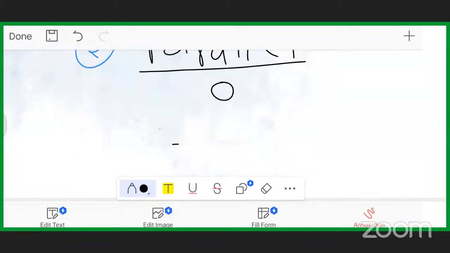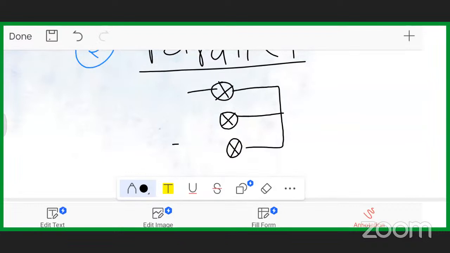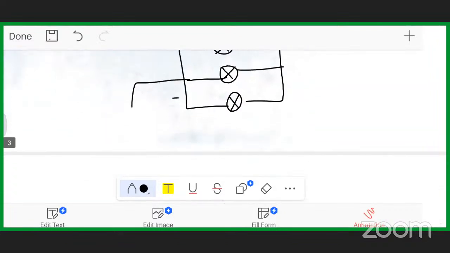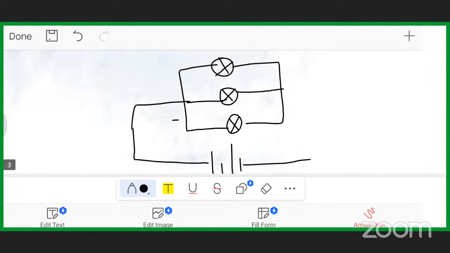That can be our first bulb. The second bulb can be there. Suppose I'm using 3, another bulb there. Then I connect all these together like that, connect all these together like that, then I give them the supply voltage.